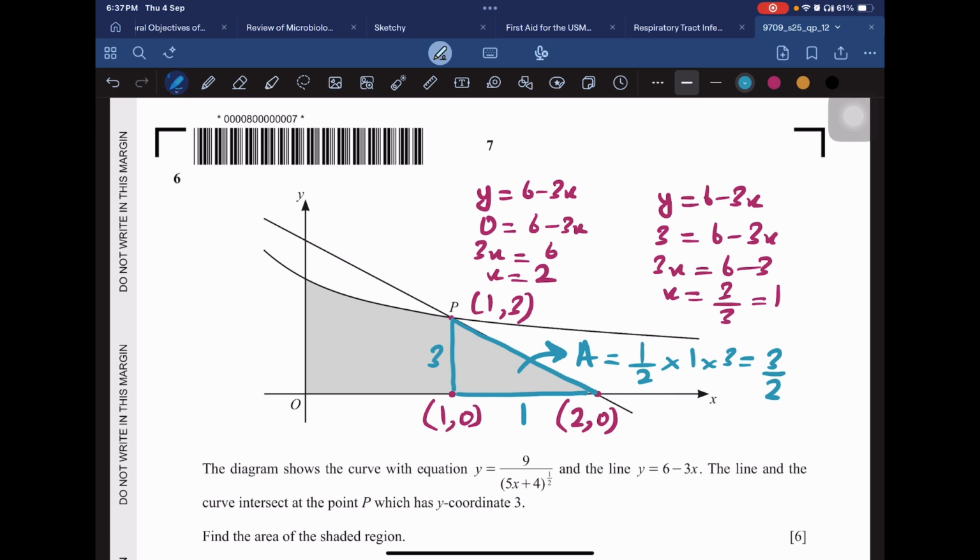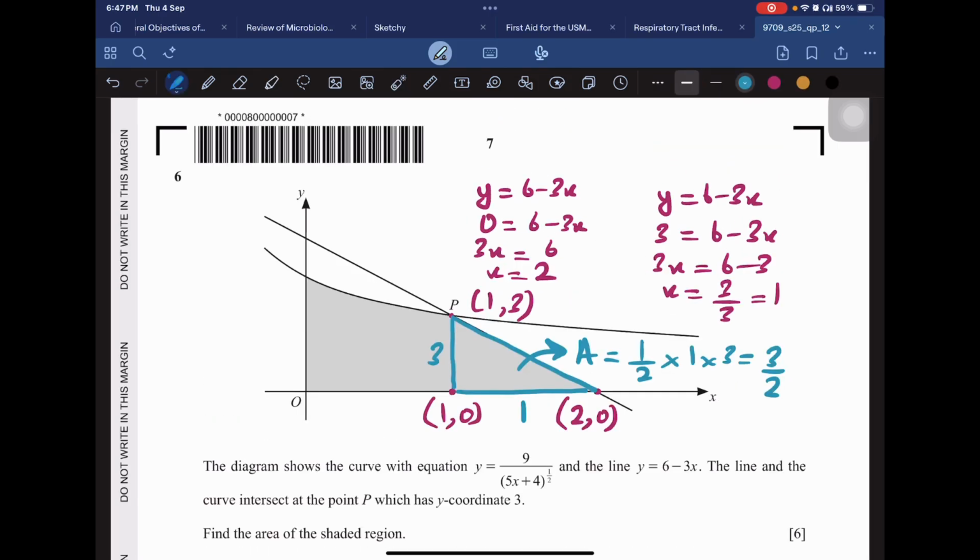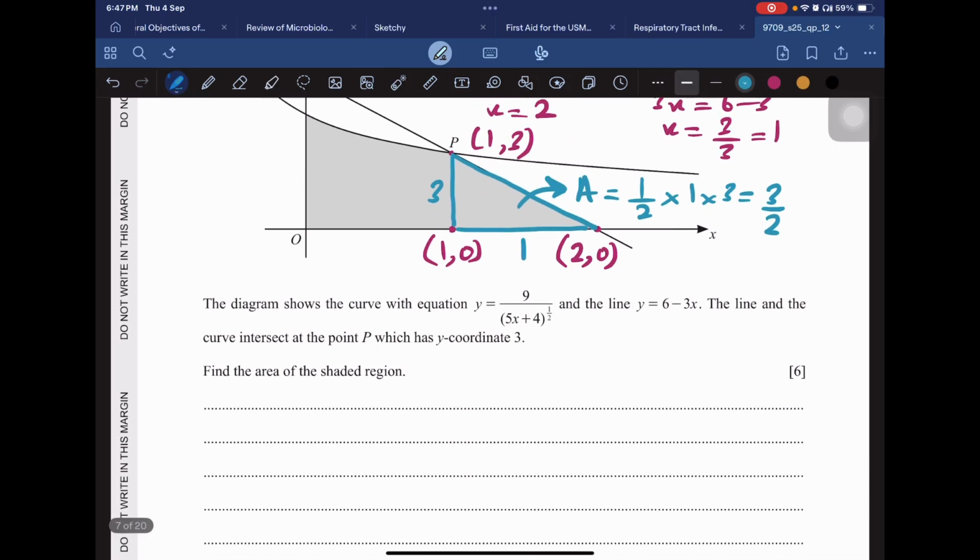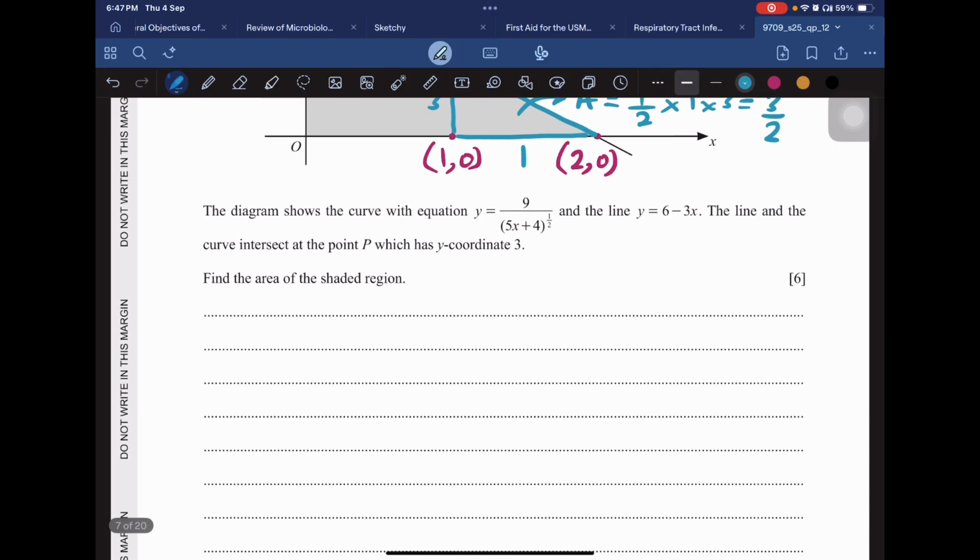Now we need to find the area under this curve bounded by x equals 0 and x equals 1. Alright, so I hope you guys have an idea of this shortcut that we use to integrate such functions where there's a bracket and linear function inside that.